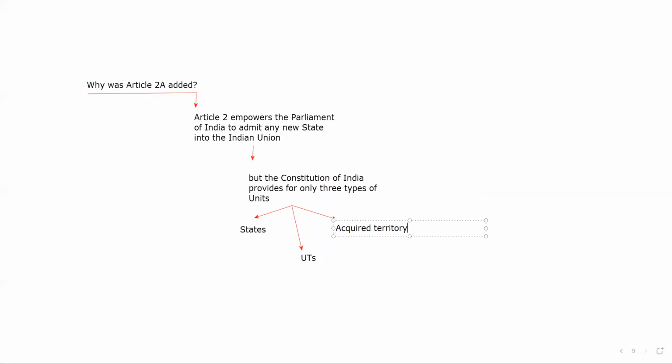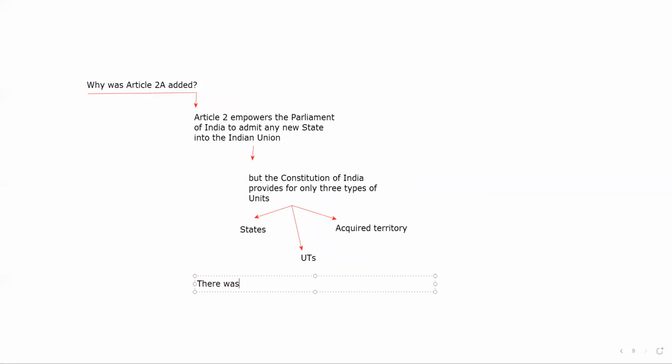These are the three types of units allowed by the Constitution. So there was no scope for an associate state to be accommodated into India.